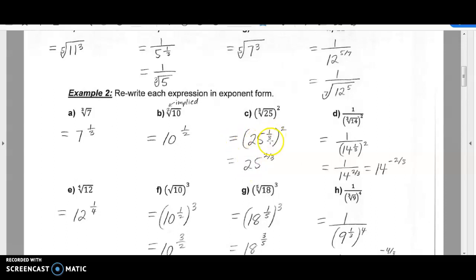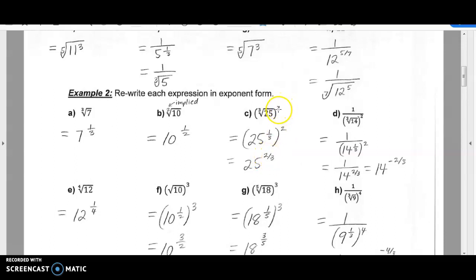If you want to do the step in between, you can, but to me, it might even be a bit more confusing. We know we have the power of 2. That power of 2 is going to remain power of 2. We don't move that. We don't change that. The only thing we have to add into the exponent is the denominator. And we know because this is the 3rd root, the denominator in our exponent becomes 3. So the 3rd root of 25 squared can be rewritten as 25 to the power of 2 over 3.